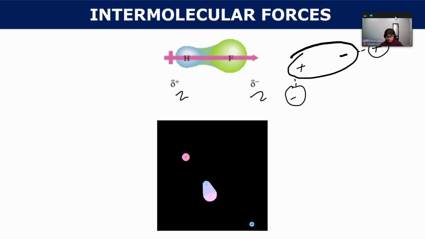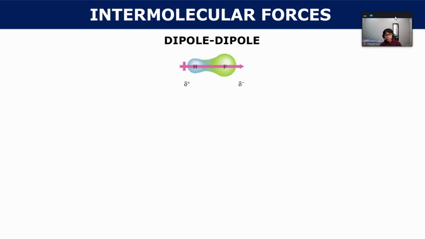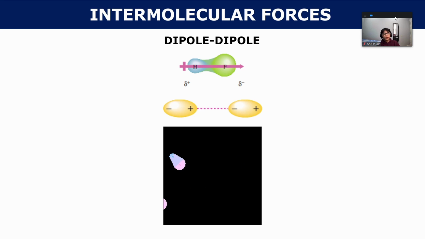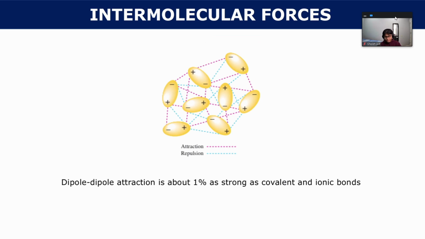So our next one is going to be a dipole-dipole force. Imagine that dipole that we just took, and we introduced another dipole. You can see how they are going to attract each other. And so you create this massive network of dipoles that are working to maximize attraction while minimizing repulsion.